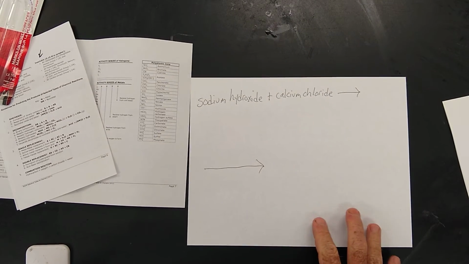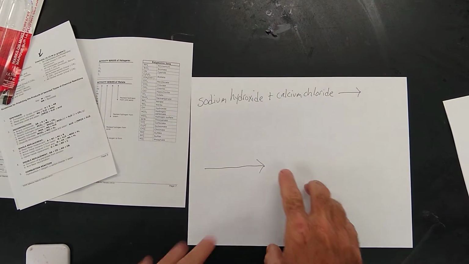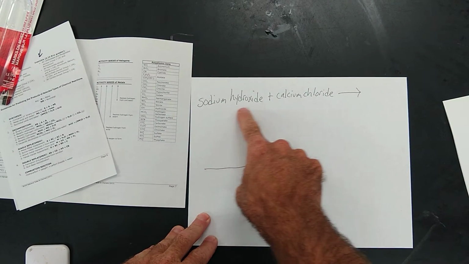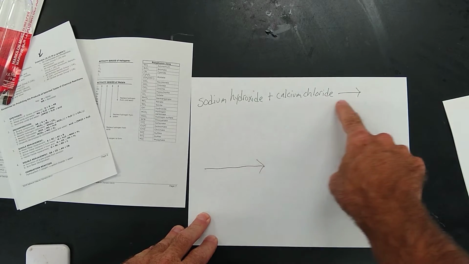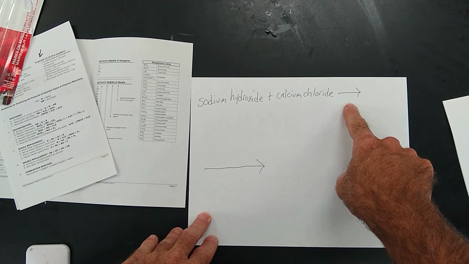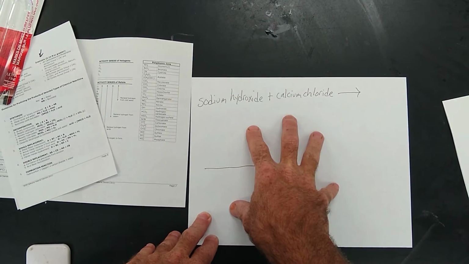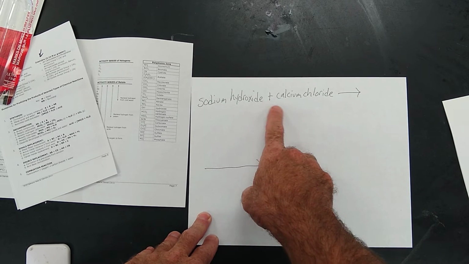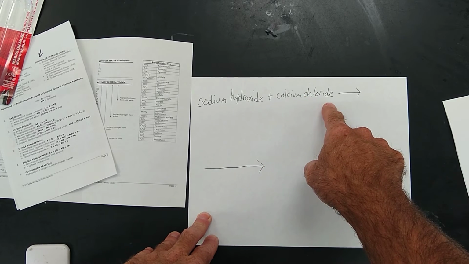The first double replacement reactions we're going to work with are going to be just written out with words, okay? So now you're not going to have to worry about writing the formula correctly. These are written out as words. Now this is a classic one that I like to do a lot. Sodium hydroxide plus calcium chloride.